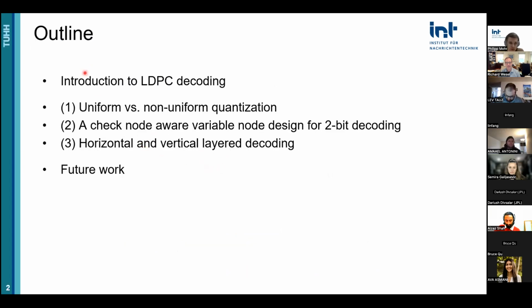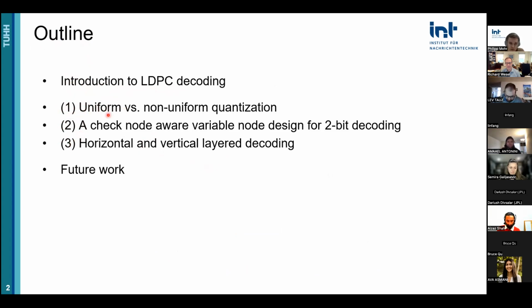And the talk is therefore structured as follows. So first, I give an introduction to the LDPC decoding, and then we have three parts, and each part is related to a publication we did in the last year, and there's some dependency between them.